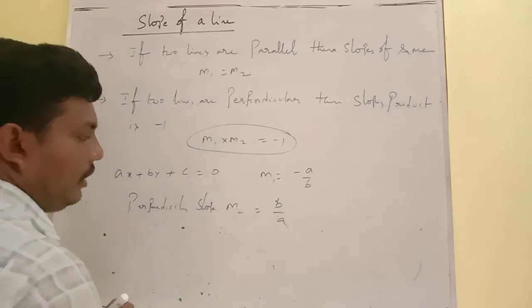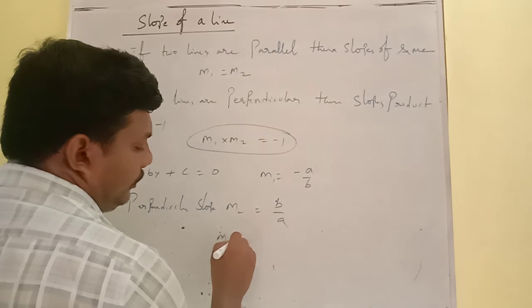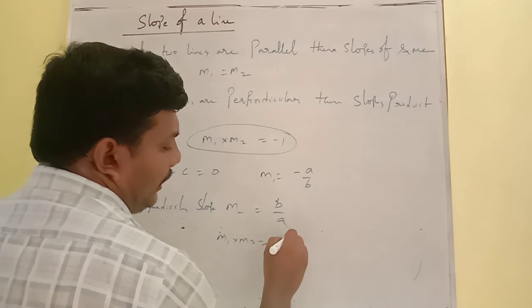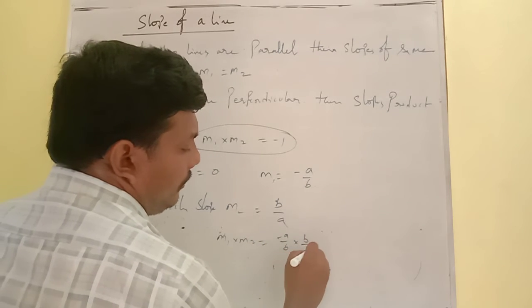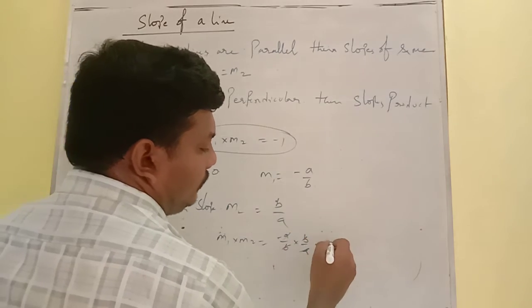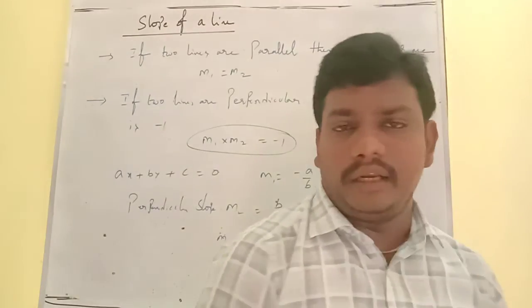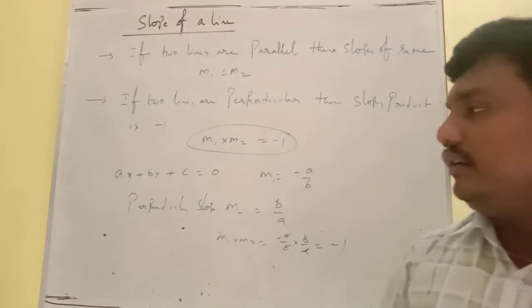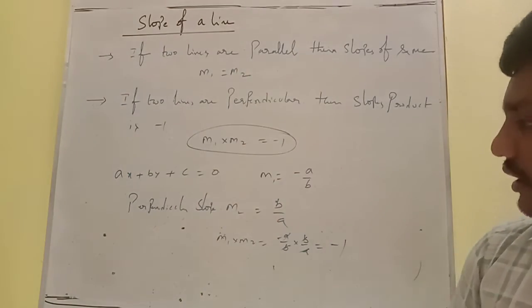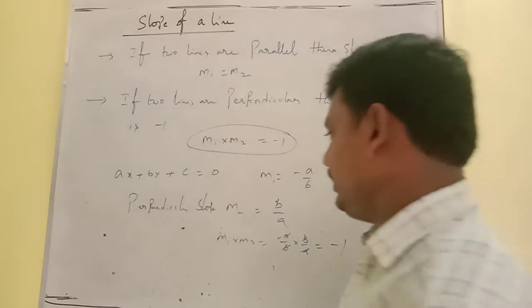So the product of m1 into m2 is equal to minus a by b into b by a, which is equal to minus 1. The product of slopes is minus 1, so we can conclude that those two lines are perpendicular to each other.